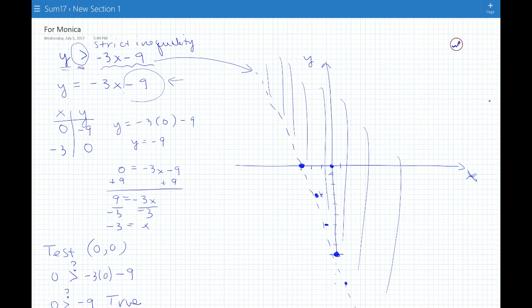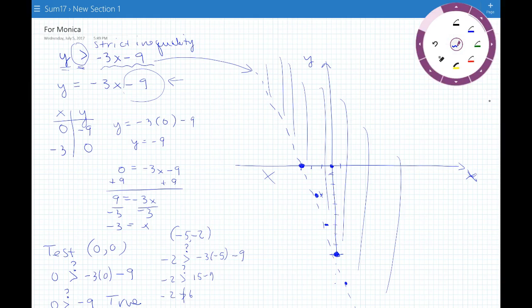If you want to double check this, you could check the point, say negative 5, negative 2, and that should be false. So if we put negative 2 for y, we're asking, is negative 2 bigger than negative 3 times negative 5 minus 9? Is negative 2 bigger than 15 minus 9? Negative 2 is not bigger than 6, so we don't want to shade this side of the line.